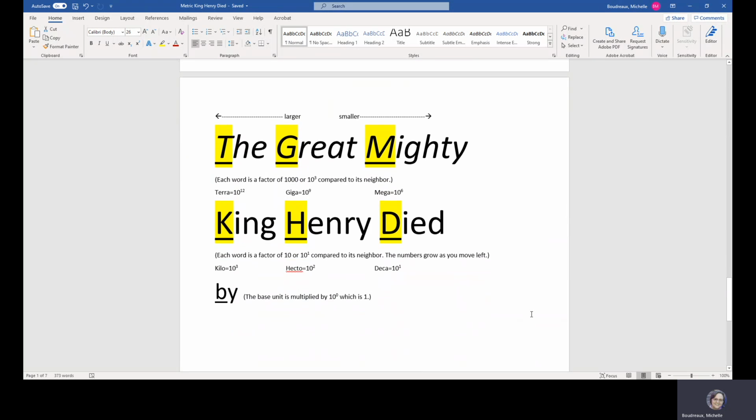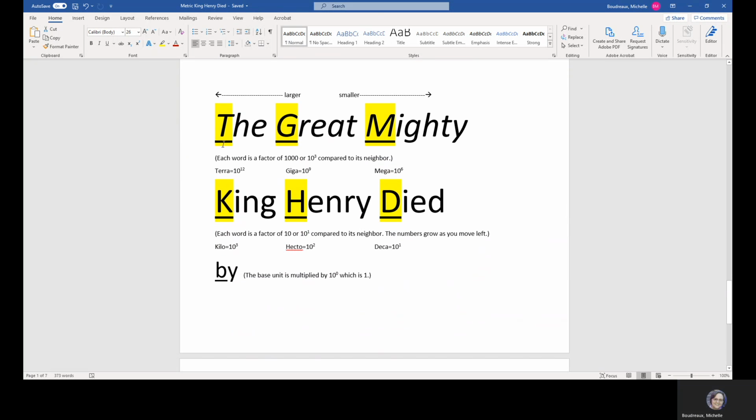Okay, so here's our sentence again. Highlighting those letters: T, tera, G, giga, M, mega, K, kilo, H, hecta, big D, deca. You see them written down here and what their values are. By is our base unit.